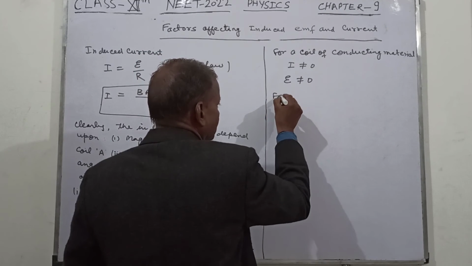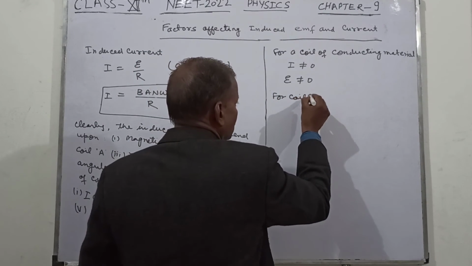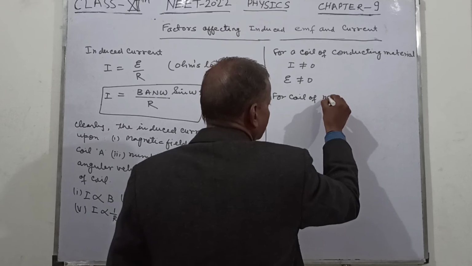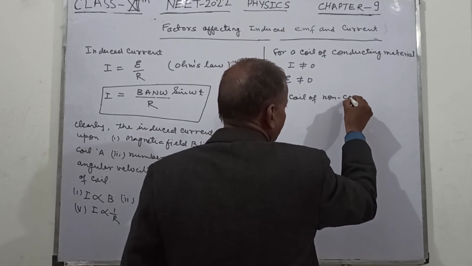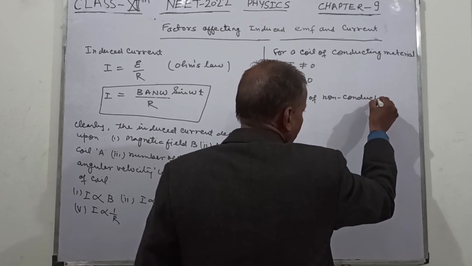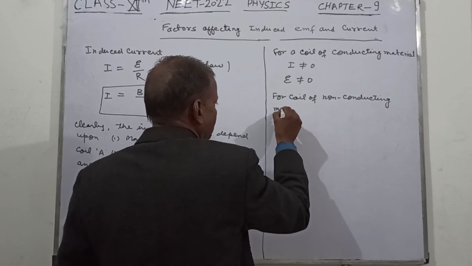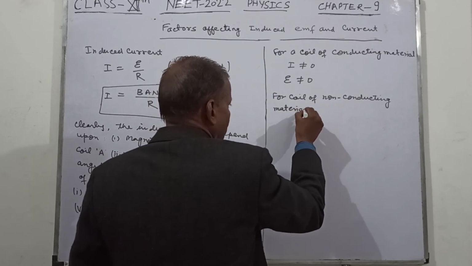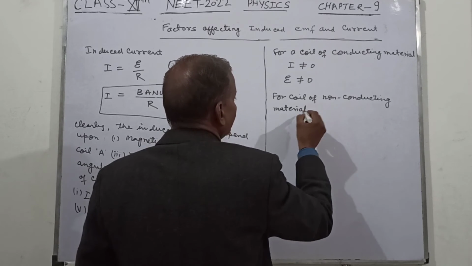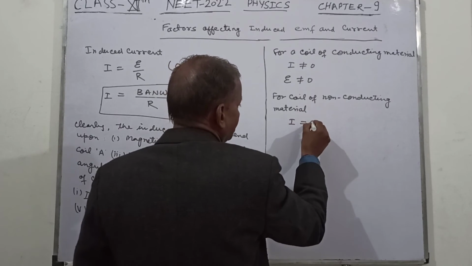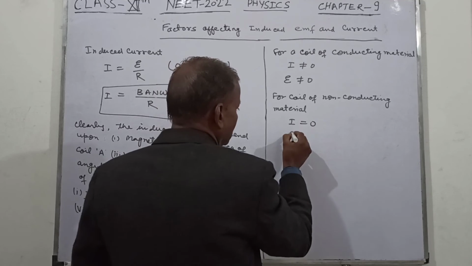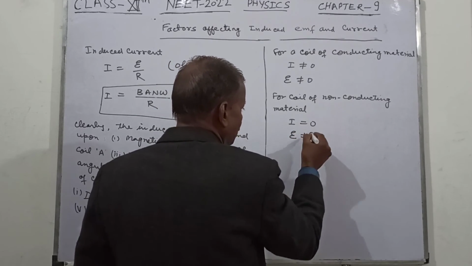But for a coil of non-conducting material, this I is equal to 0 and this E is not equal to 0.